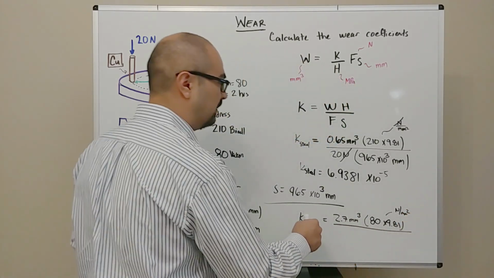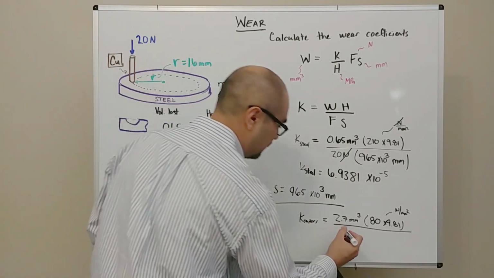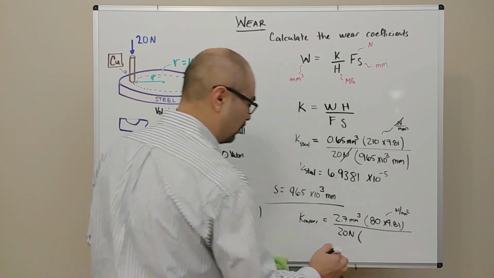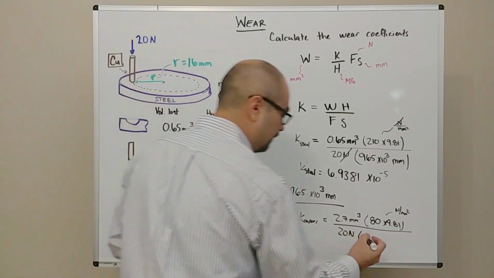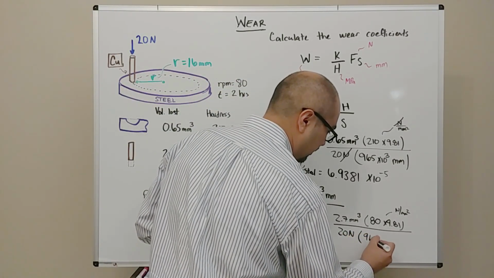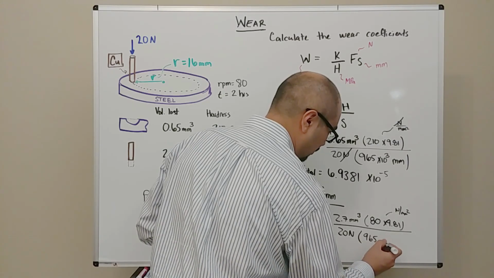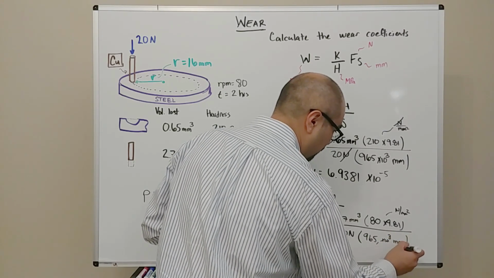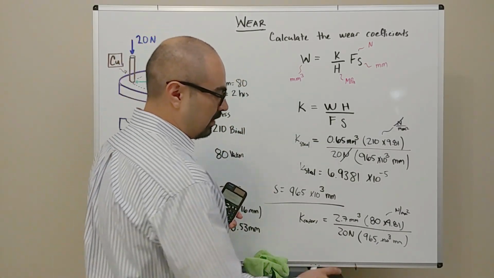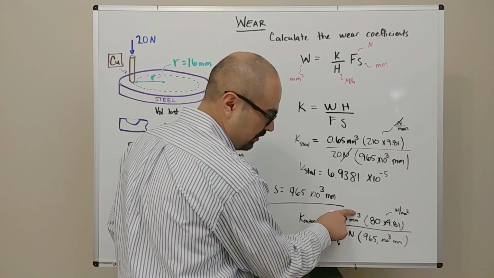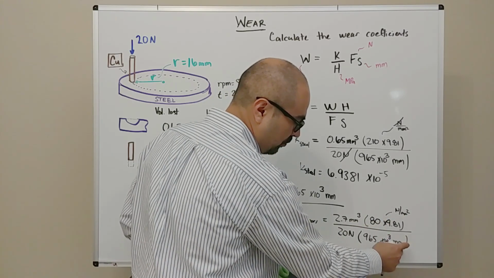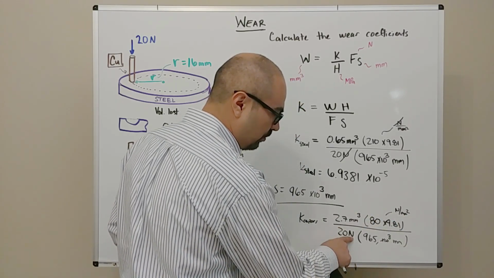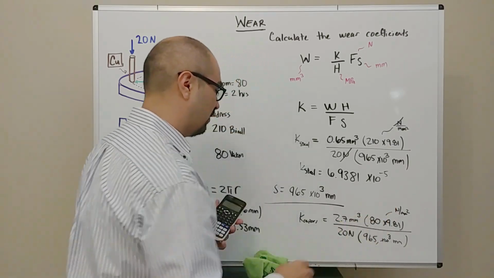All of this is going to get divided by the force, which is 20 newtons, and then the total rubbing distance over here, 965 times 10 to the 3 millimeters. And again, we have 3 millimeters on top, 2 plus 1, 3 on the bottom, so the millimeters cancel. And we have this Newton canceling with this other one, so completely unitless.